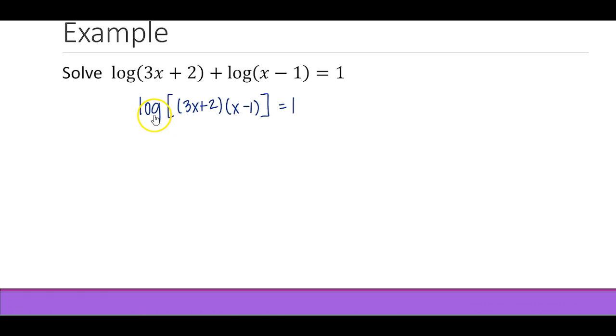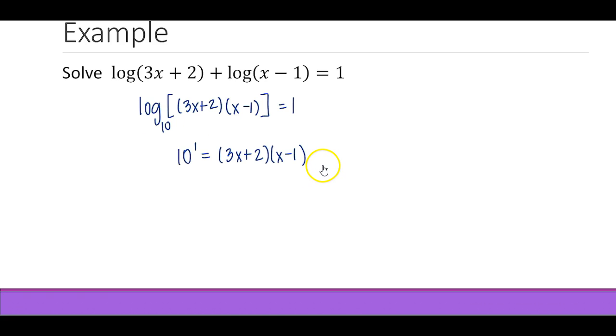And now that I have one log with base 10 of a quantity equals 1, I can use either the idea of exponentiating both sides or rewriting this as its exponential form. So here I have log base 10, so I can think about this as 10 to the 1 is equal to the inside of the log, the quantity 3x plus 2 times the quantity x minus 1.